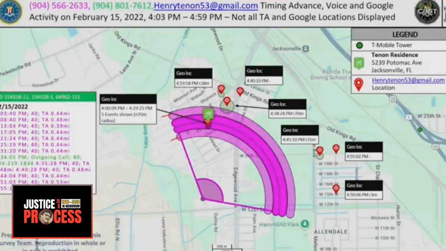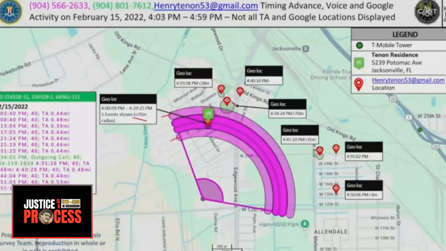And during the same time frame between 4 to 4:29 and 25 seconds, the target cell phone displayed 5 events with less than 70-meter radius, showing the device was at or near the Tenon residence location, and then moved starting at 4:34 away from the Tenon residence.